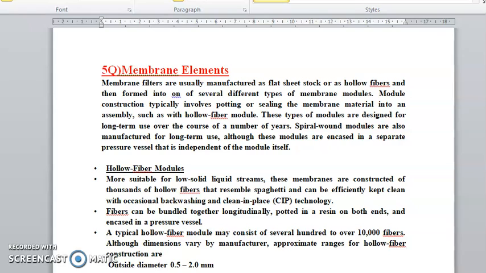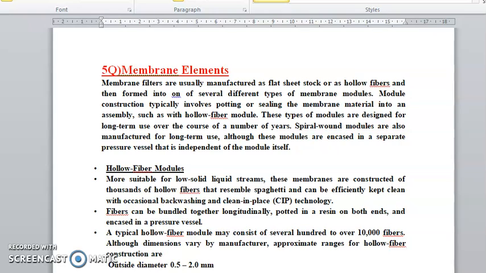Today, I will explain the membrane element in a filtration process. Membrane filtration elements are usually manufactured as a flat sheet stock or a hollow fiber and then formed into several different types of membrane modules. The module construction typically involves potting or sealing the membrane material into an assembly, such as with a hollow fiber module.